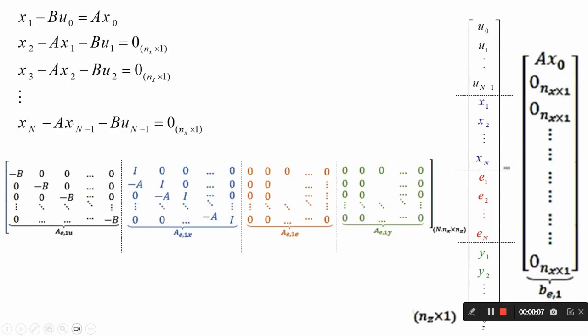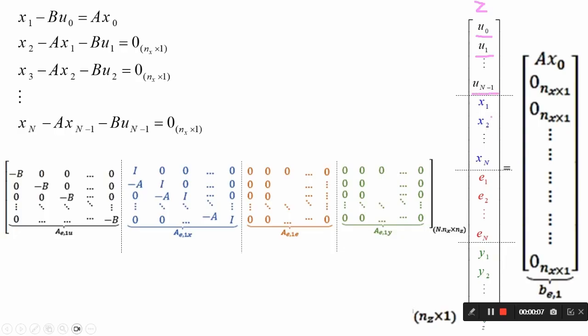Let us do that. And remember, since these equations are for the whole prediction horizon length, our unknown variables should also be considered for the whole prediction horizon length. I will first start with defining the unknown variables, or the z-vector. We know the z-vector contains u, but I want to write u from the whole prediction horizon. U starts from u0, u1, and goes all the way to u of n-1.